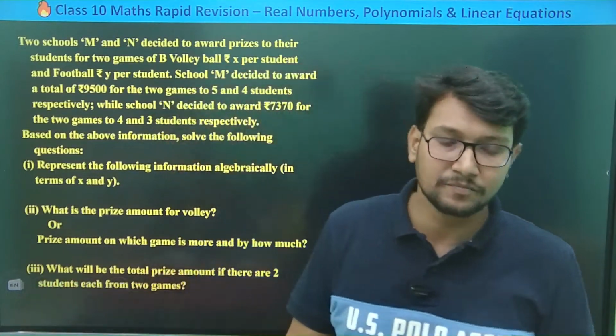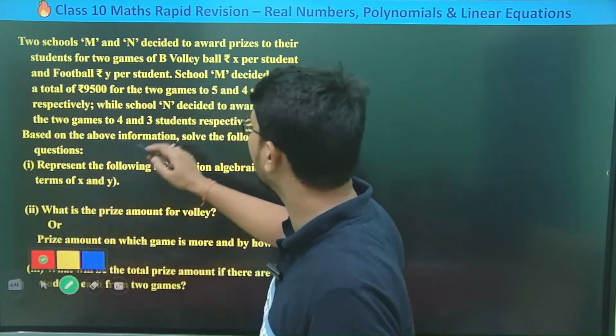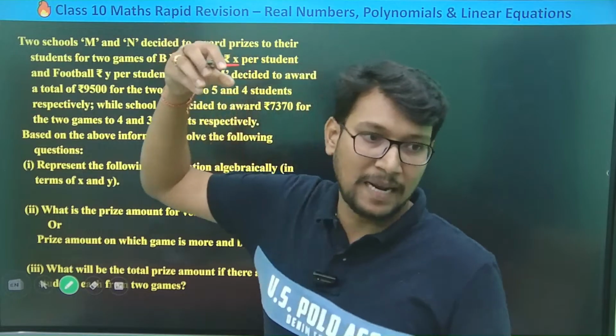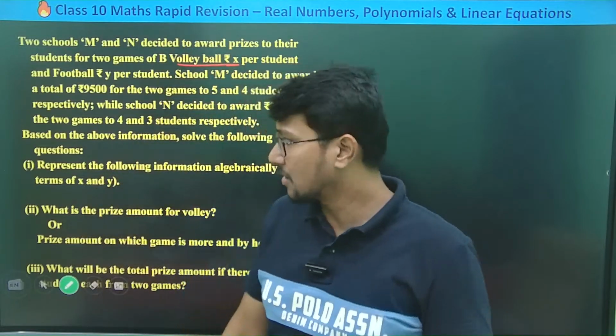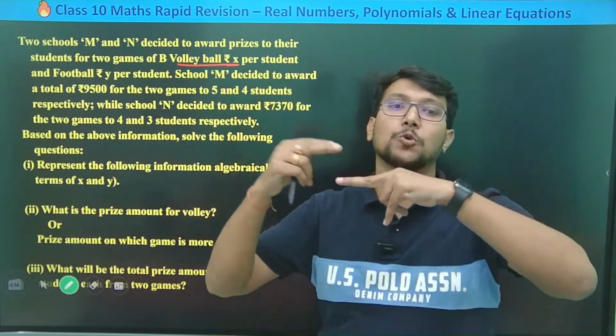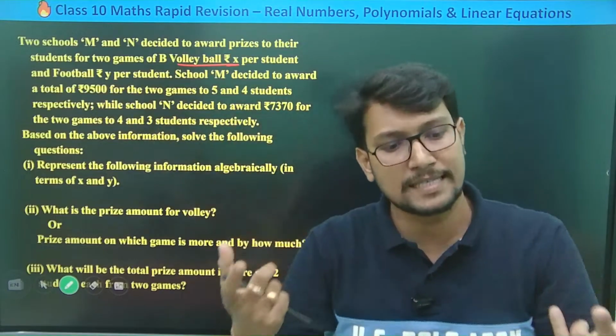बच्चों x क्या है? प्राइज गिवन फॉर वॉलीबॉल प्लेयर. ठीक है ना? चेक करो. Two equations come from two schools. For M school first equation, for N school second equation.